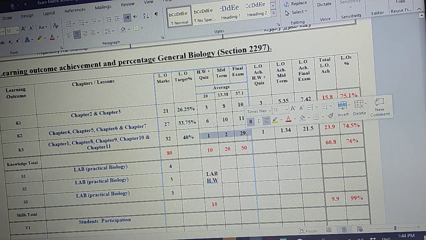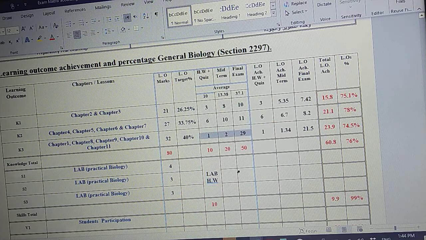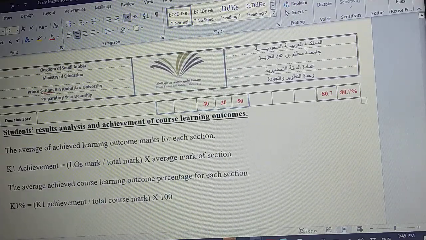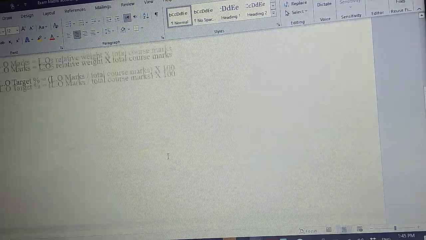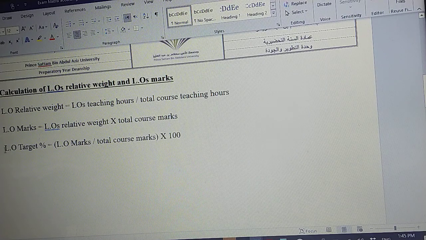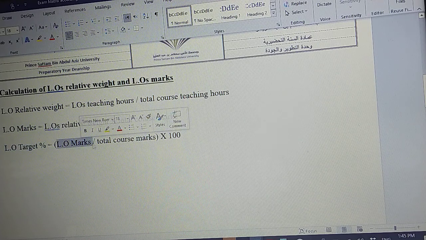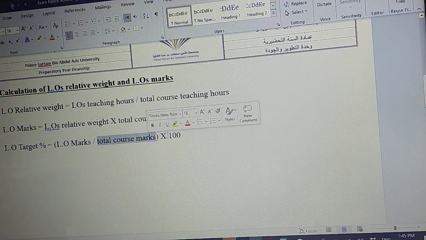Finally, the distribution of K3 marks on the different assessment methods. For the learning outcome target percentage, I have the equation here on page 2. It equals learning outcome mark divided by total course mark times 100.